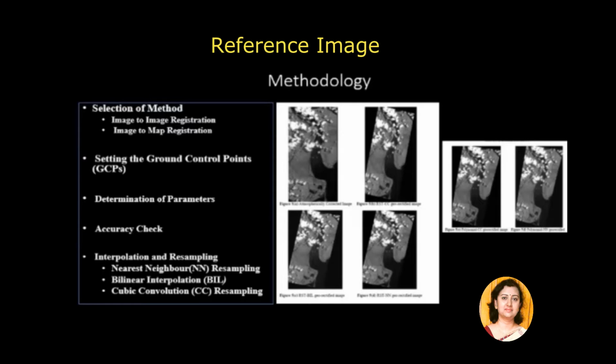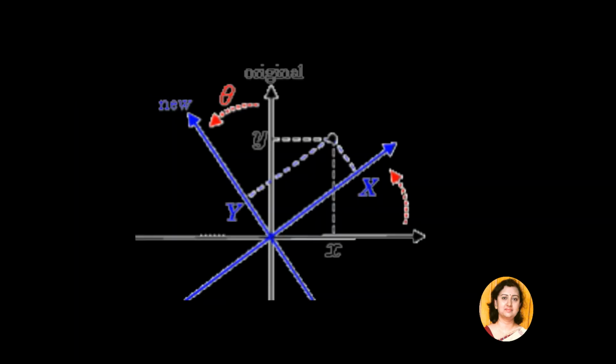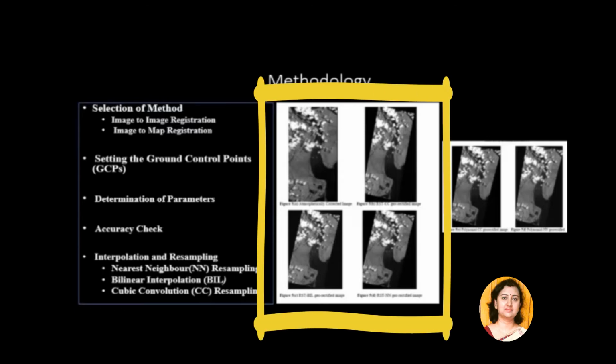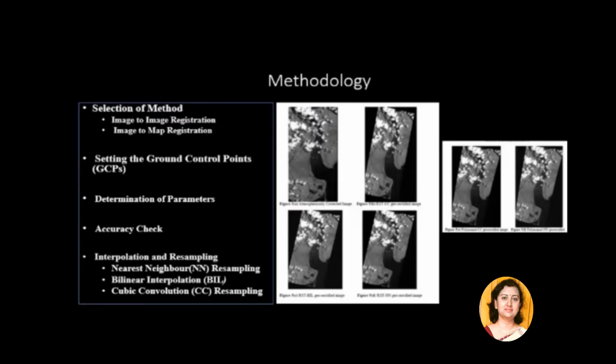So you just need to know that there is a translation and rotation alignment process by which one image is overlaid on the other, and the objects are coincident with respect to one another, and the corresponding elements of the same ground appear in the same place on the registered image.